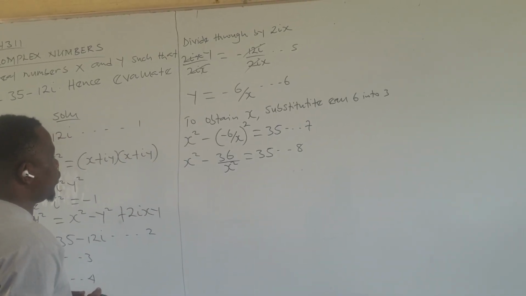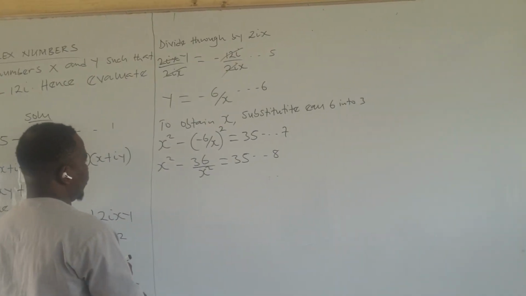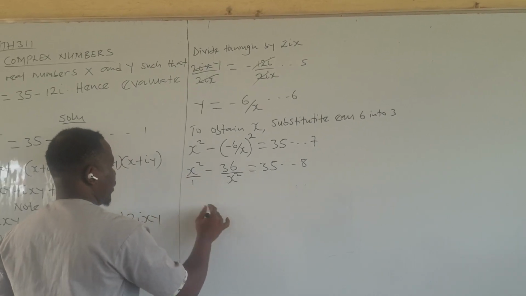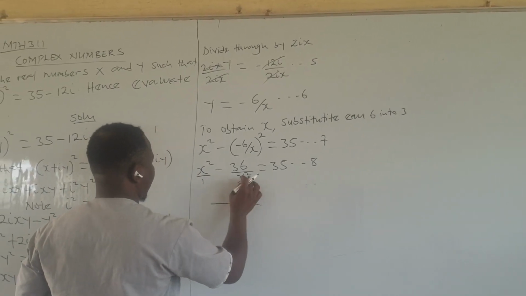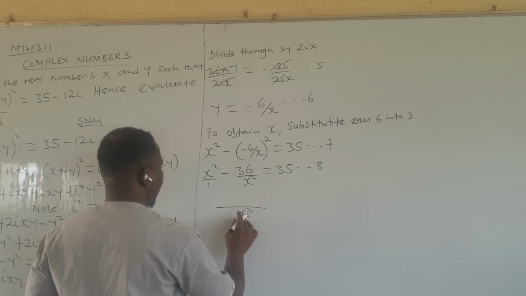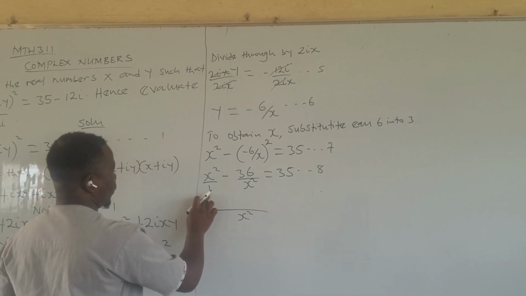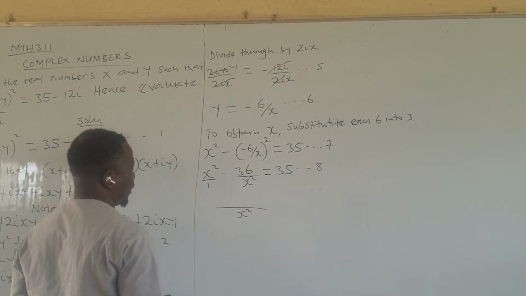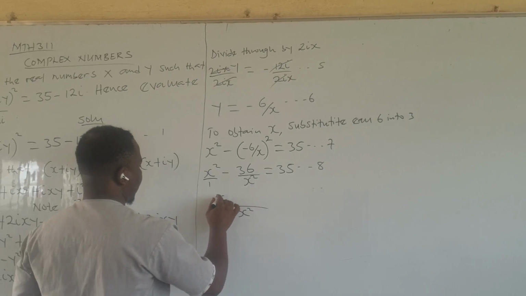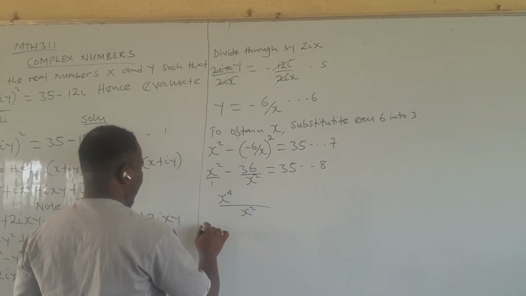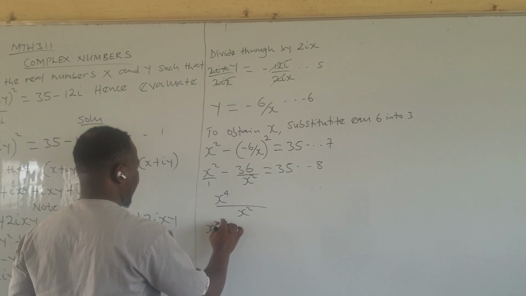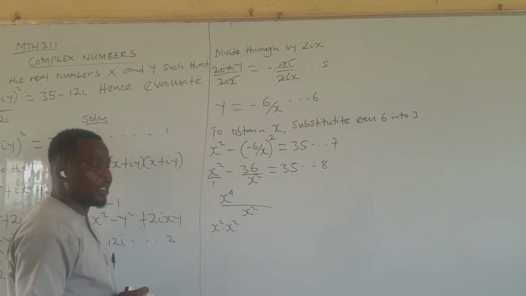Okay, so what we need to do is look for the LCM. The LCM of 1 and x squared is x squared. x squared to 1 is x squared times x squared, which will give us x raised to the power 4. That is x squared times x squared. You apply indices here. Is that clear?